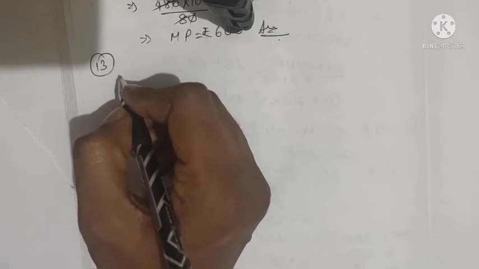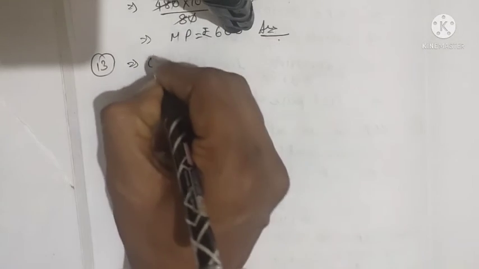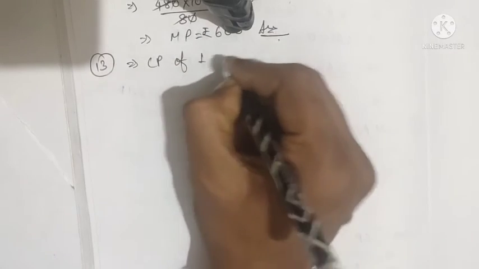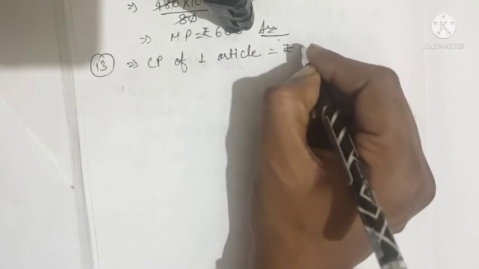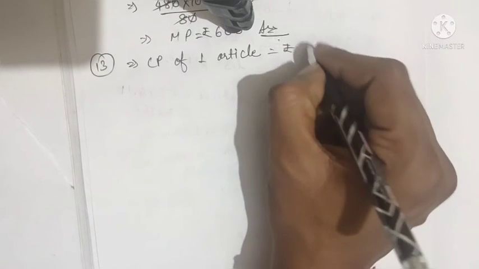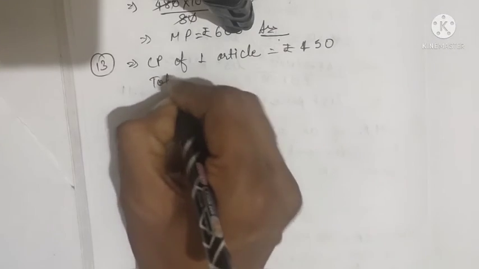You have your answer. Now question number 13. 30 articles are bought at rupees 450 each. That implies CP of one article is equal to rupees 450 and the total number of articles is 30.